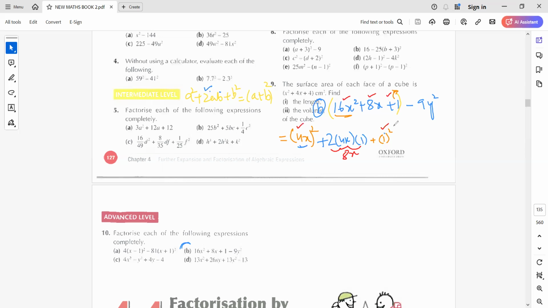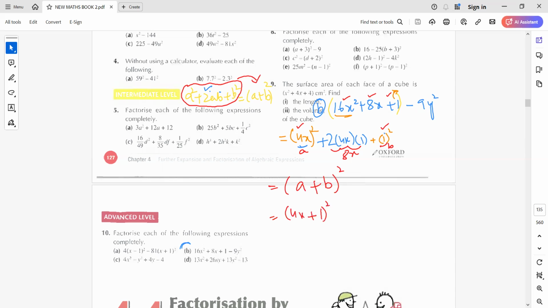So we have written these three terms in this format, a squared plus 2ab plus b squared. So now that is why we can write it down as a plus b whole squared, a being 4x and b being 1. That means it can be written as 4x plus 1 whole squared.